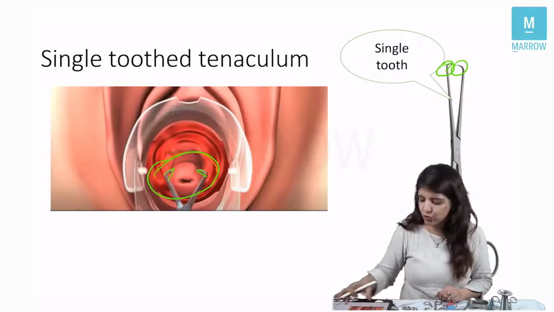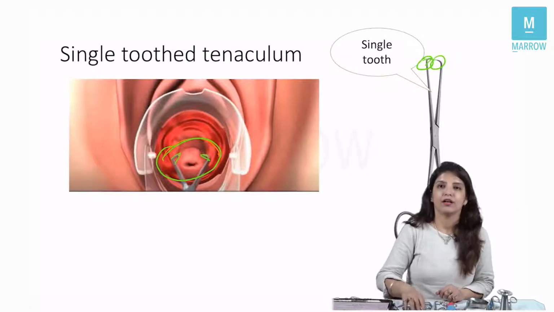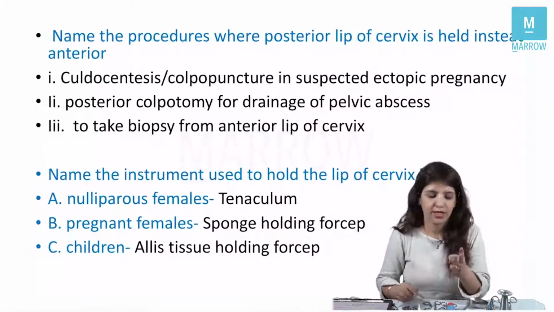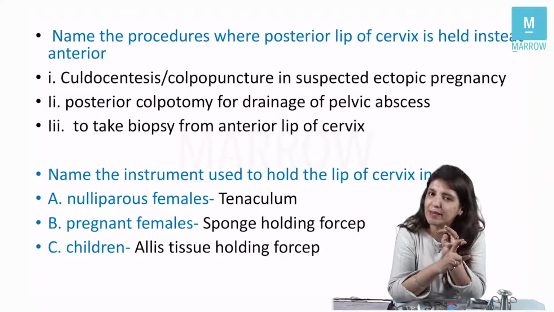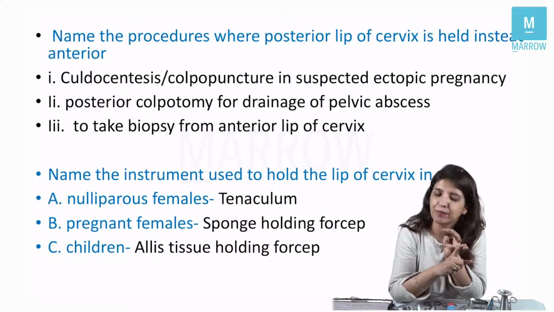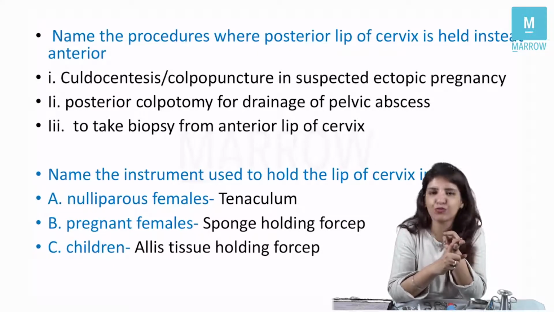So now I have told you three conditions, three instruments, right? Number one, if you have to hold a non-pregnant multiparous female's cervix, you are going to use a volsellum. If you have to hold a non-pregnant nulliparous female's cervix, you are going to use a tenaculum.